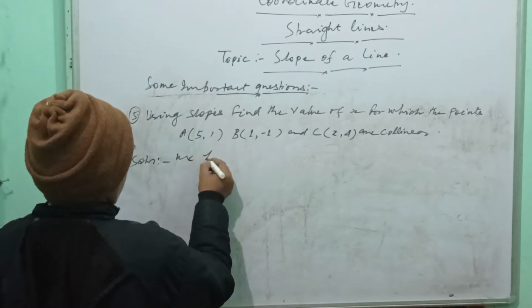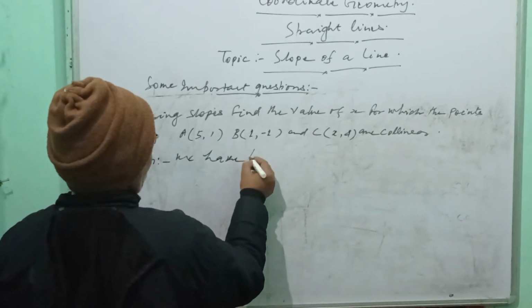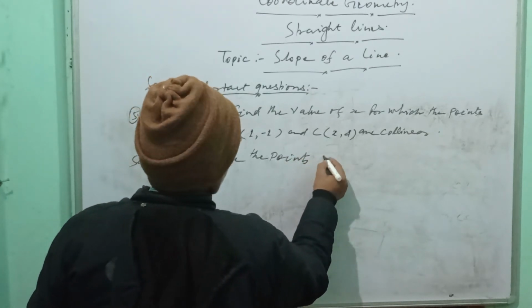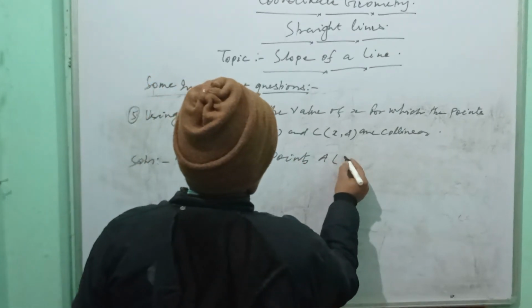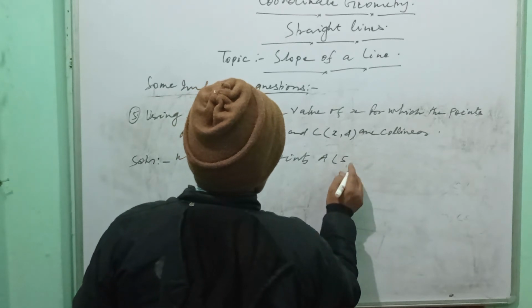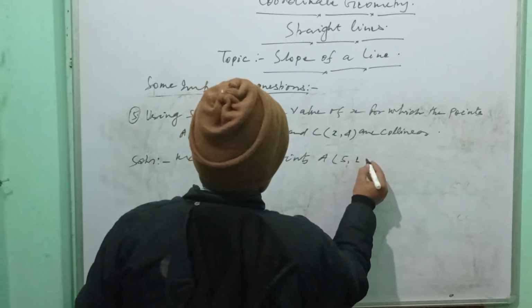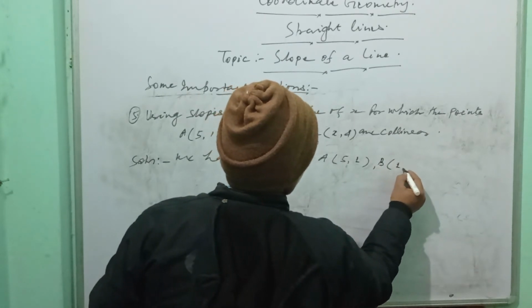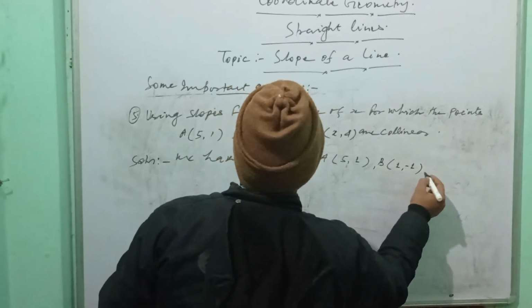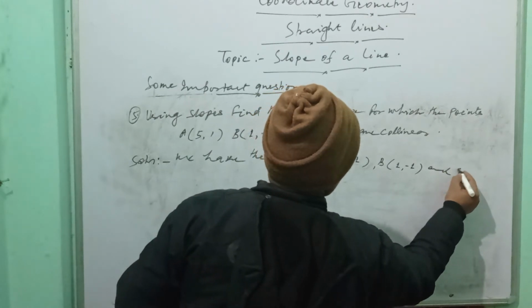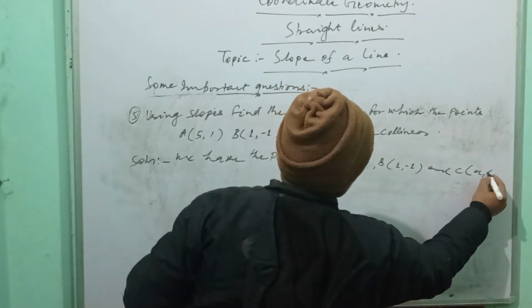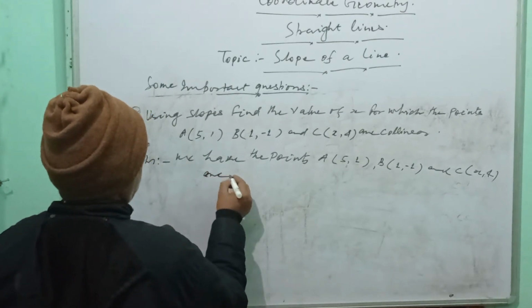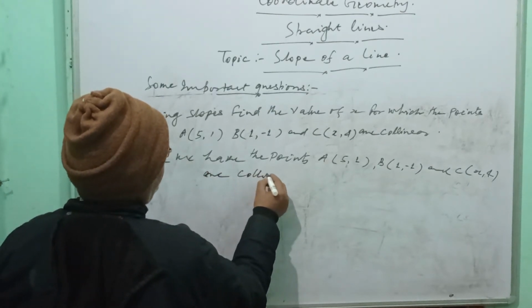We have the points A (5, 1), B (1, minus 1) and C (x, 4) are collinear.